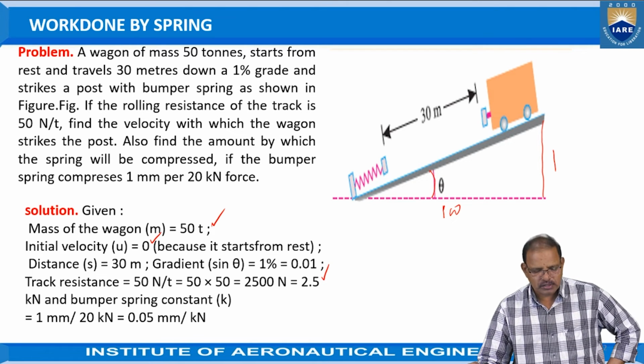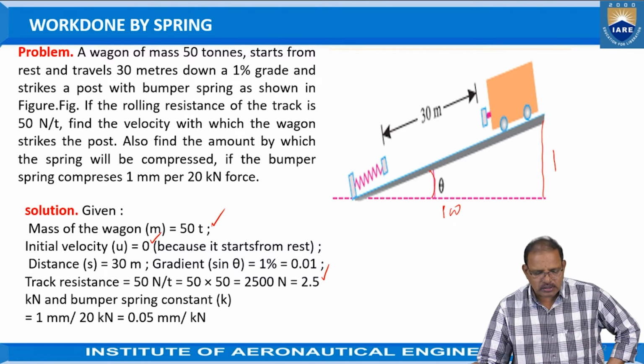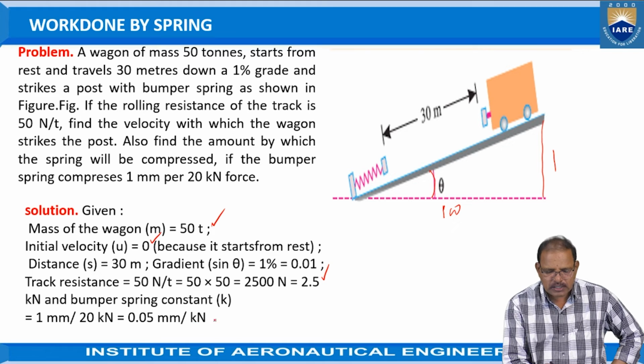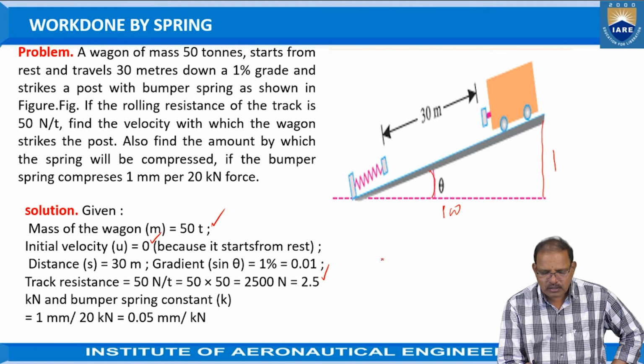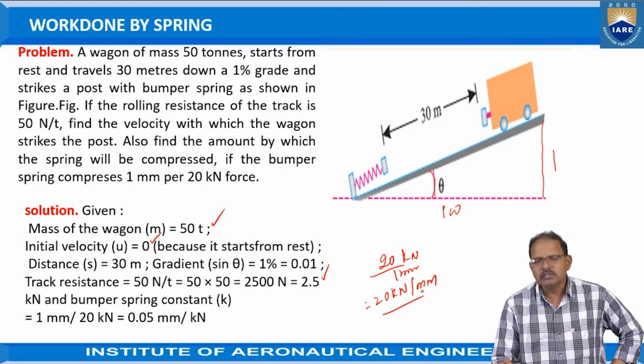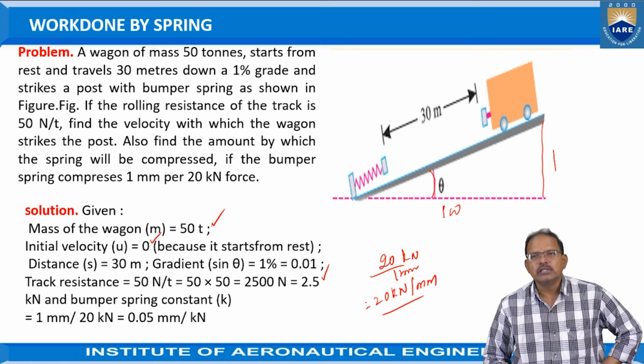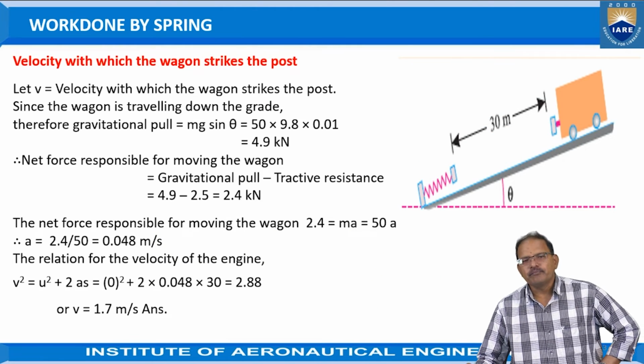The spring constant is given by force per unit length, hence it is equal to 20 kilonewtons divided by 1 mm, which is equal to 20 kilonewtons per mm. This is known as the spring constant. So this is the given data collected from the problem.